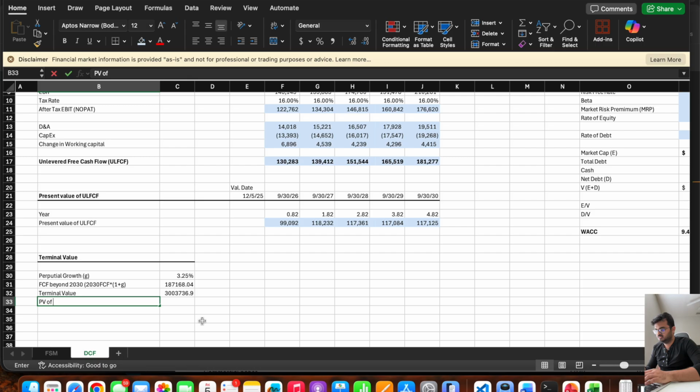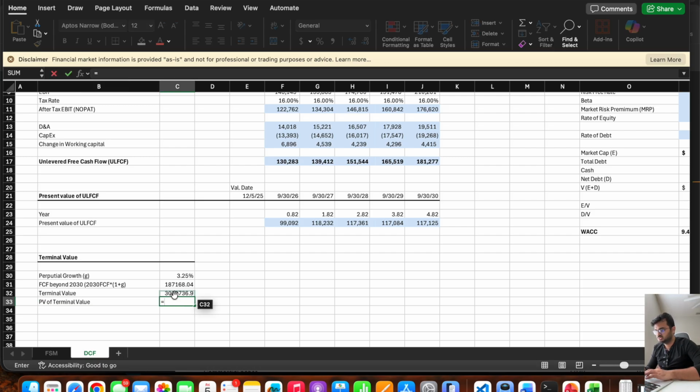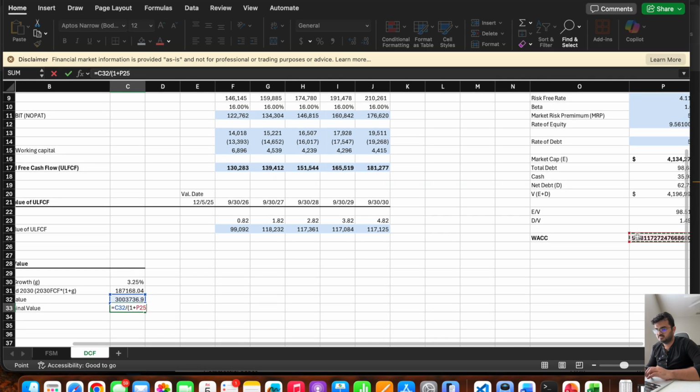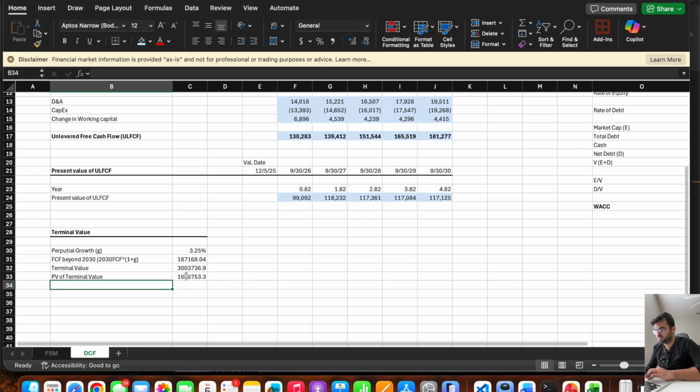For this, we will calculate the present value of terminal value, which is dividing this number by 1 plus the WACC, which is the discount rate, to the power of this guy, which will give you a number around 1.94 trillion, the present value of terminal value.